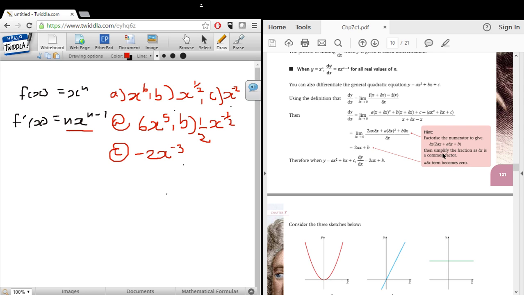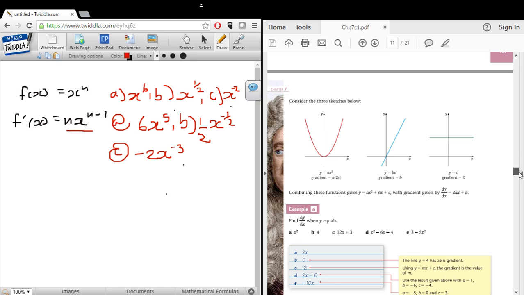Okay, and this is essentially what we would have had should we have used this particular formula, a shortcut to find the differentiation of this particular equation. So very simple here, you can see what it's trying to express.